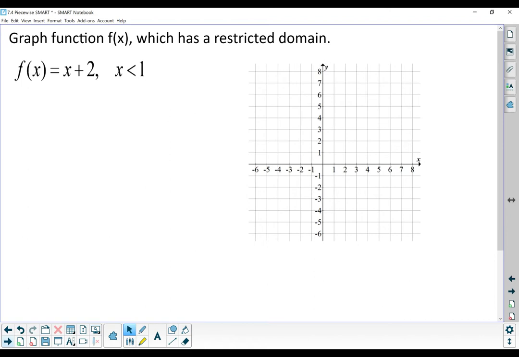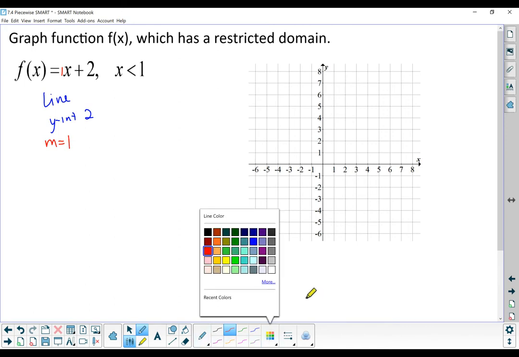So we're going to try another domain restricted function. This function f of x is equal to x plus 2. I don't have a power here, and I don't have an absolute value symbol, so this is just a regular line. The y-intercept of this line is 2, and the slope is 1.